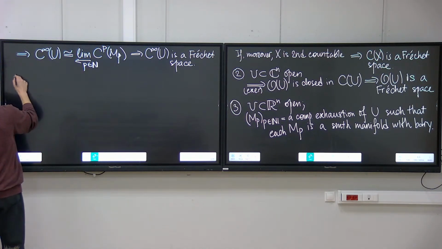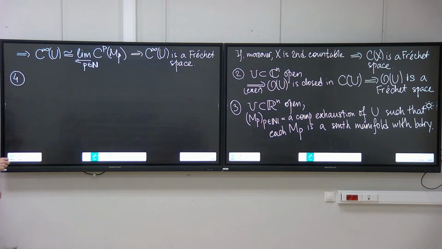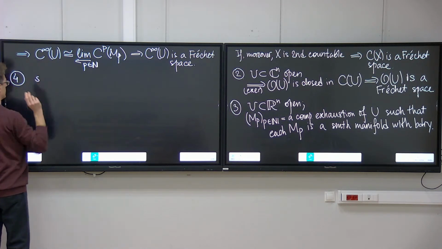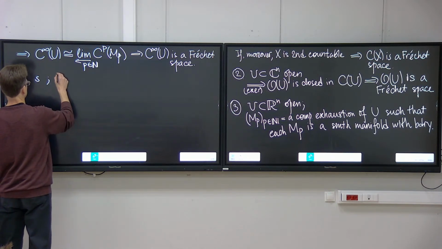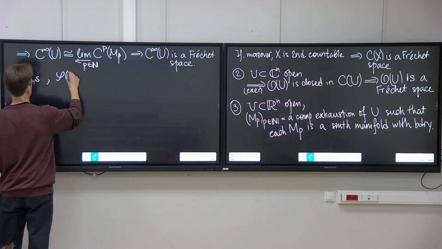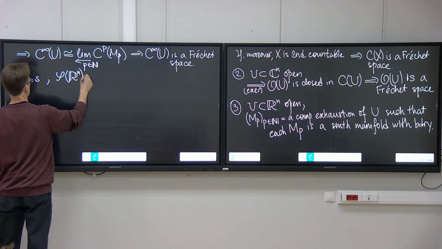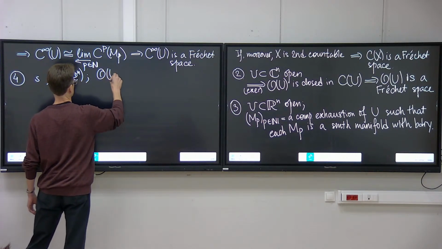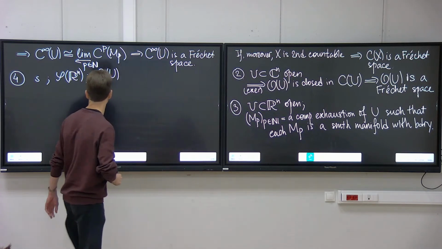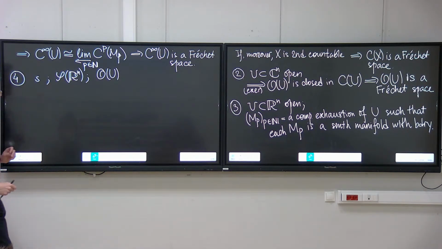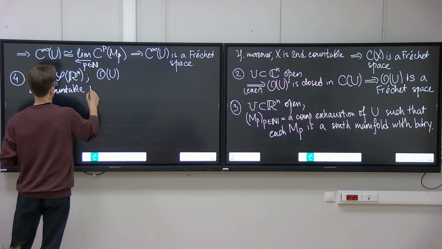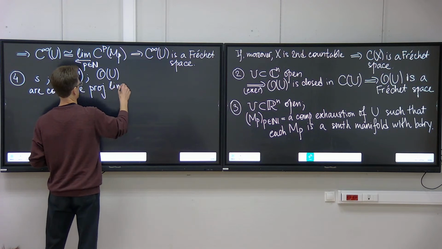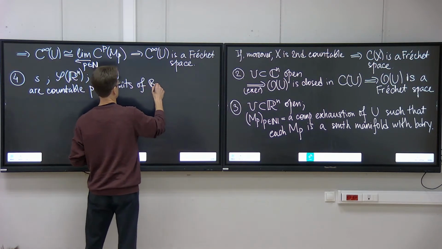Example 4: if we take the space little s of rapidly decreasing sequences, or for example the Schwartz space on R^n, or we can also take the space of holomorphic functions considered in example 2, I claim that all of them are countable projective limits of Banach spaces.